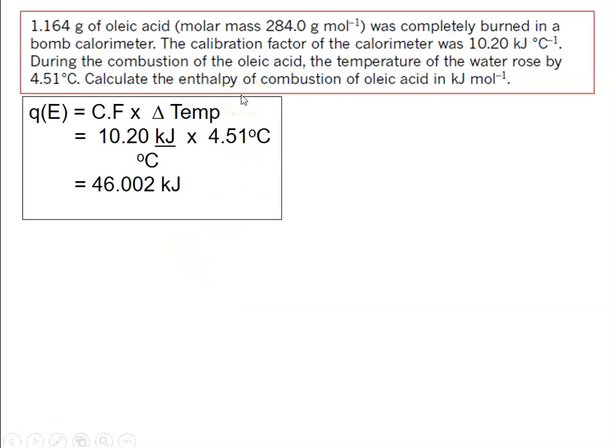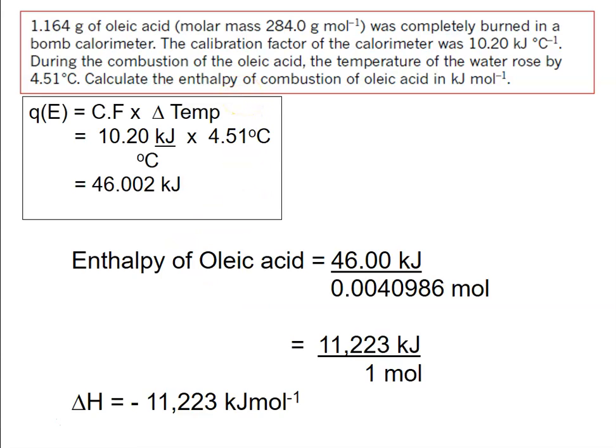This will be the same steps as the previous one. And you work out that this is the amount of energy per 1 mole of oleic acid, which would be what is written in the data booklet. So if it's written in the data booklet, then it's kilojoules per 1 mole.